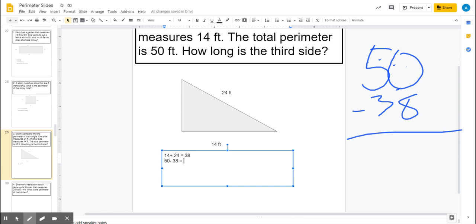I know I can't do 0 minus 8, so I'm going to borrow. That 5 becomes a 4, and that 0 becomes a 10. So 10 minus 8 is 2. 4 minus 3 is 1. So I know that missing side is 12 feet. Okay, the third side is 12 feet.